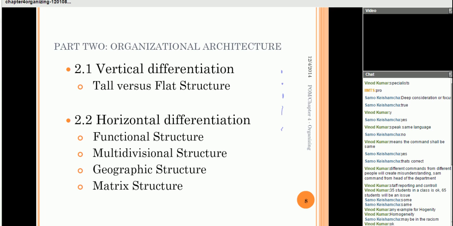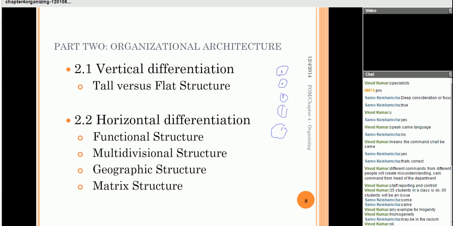Like this may be the CEO of the company, this may be the chief manager, this may be the manager, then this may be the departmental head maybe, and this may be the worker. So that is the tall structure.